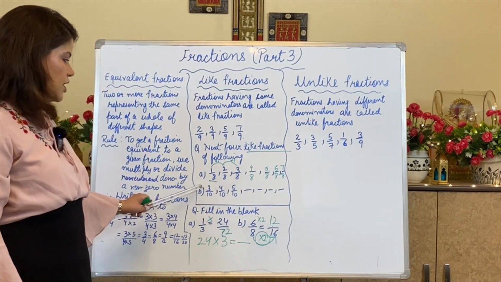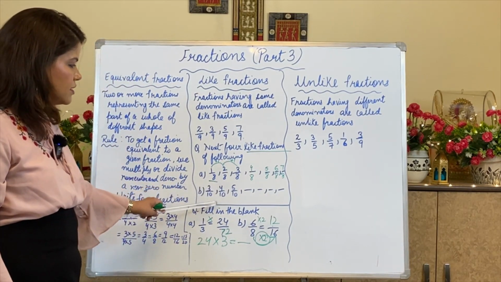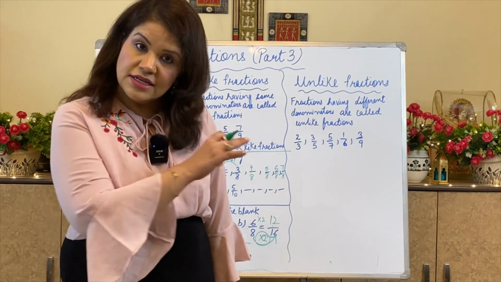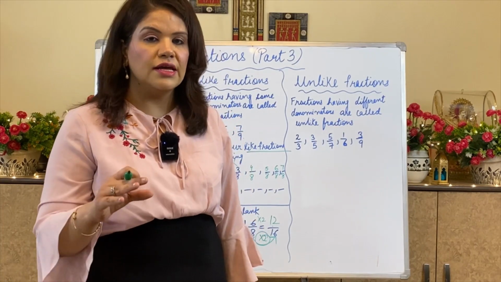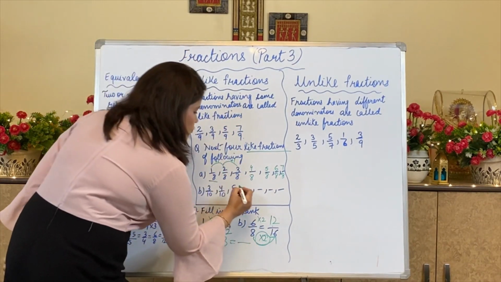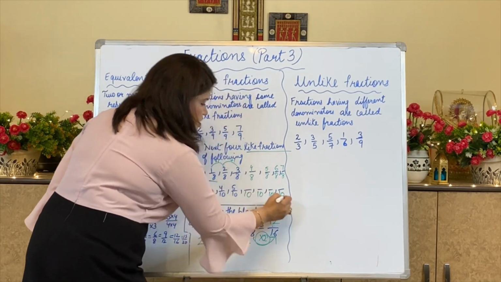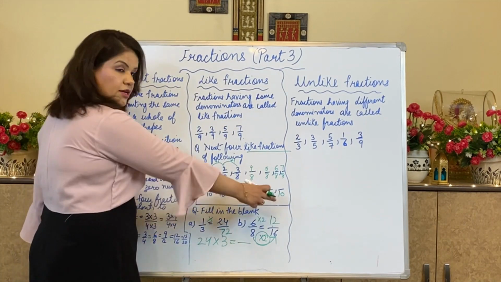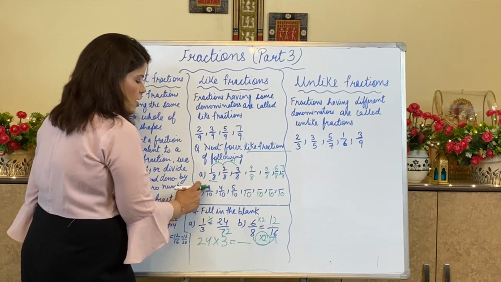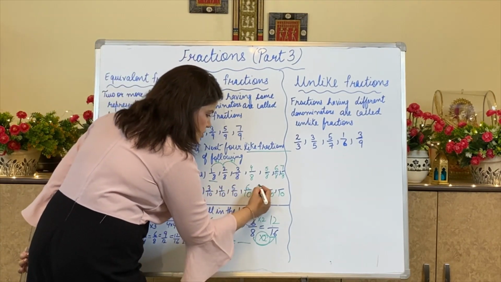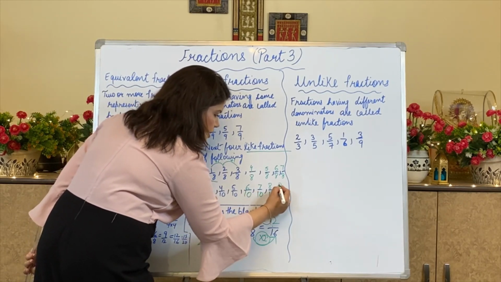In the next part I am taking 3 by 10, 4 by 10, 5 by 10. What is the denominator here? 10. It remains the same throughout because we are taking like fractions. So we need to write the same number in the denominator, and for the next 4 numerators we go 3 to 4, 4 to 5, 5 to 6, 6 to 7, 7 to 8, 8 to 9.